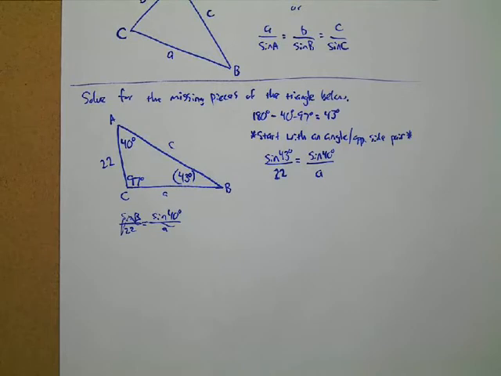We have it set up: sine of 43 over its opposite side, 22, is equal to sine of 40 over its opposite side, A.